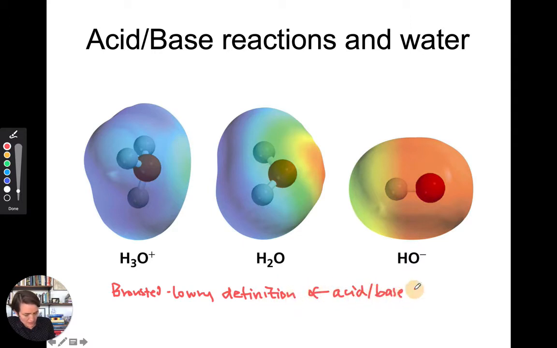So in the Bronsted-Lowry definition of acids and bases, an acid is going to be a proton donor. And a base is going to be a proton acceptor.